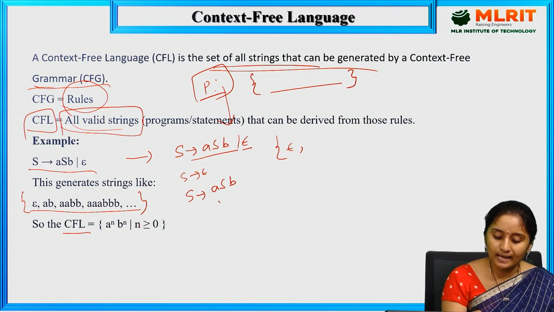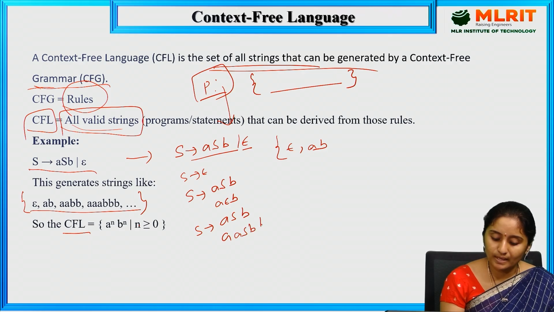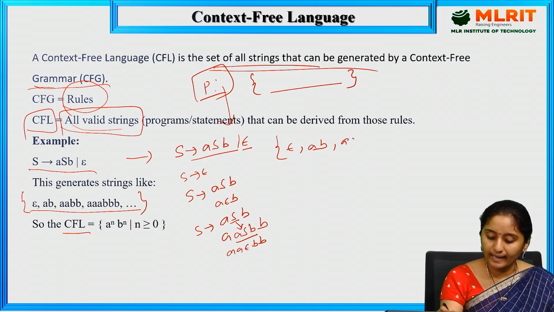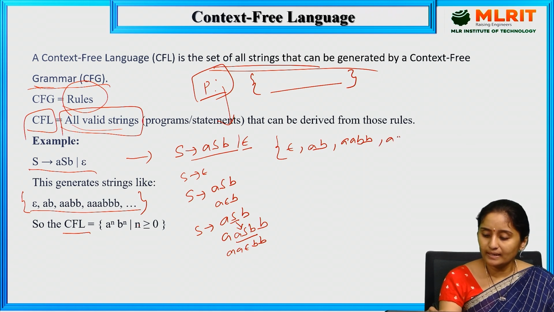Next, S produces A S B. I can replace this S with epsilon, and A B is produced. And I can also take A S B, and again replace S with A S B, so A A S B B. Replacing the inner S with epsilon, I get A A B B. In the same way, I can get 3 A's, 3 B's, and so on.